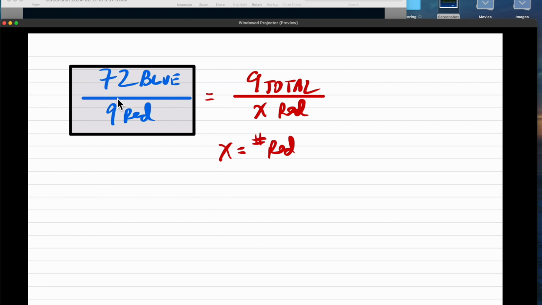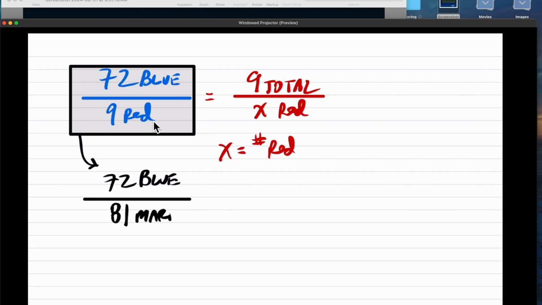Not only does it tell us there's 72 blue for every 9 red, but it also tells us that there's 72 blue for every 81 marbles total. Now, where did we get the 81 from? We simply added the 72 and the 9.